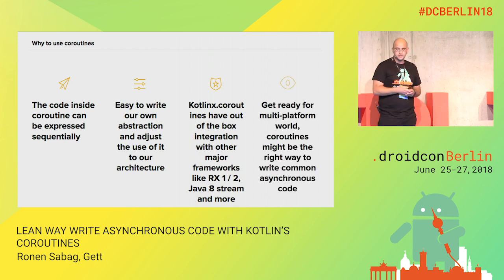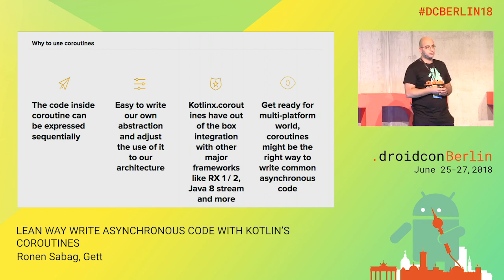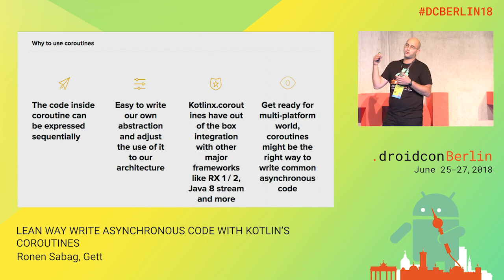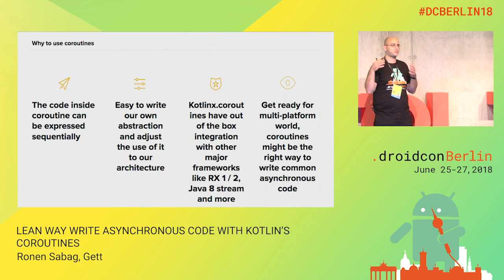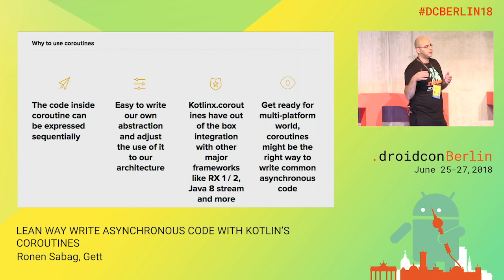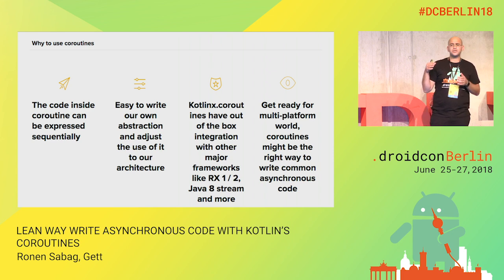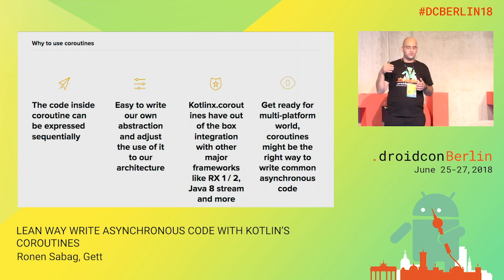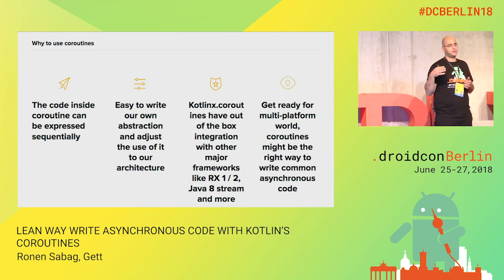And we have some talks about multiplatform, and JetBrains is indeed working on porting the coroutines to other platforms. There is right now, I think, already an implementation for JavaScript, and they're working also on native. So in a world of multiplatform, it could be a very nice way to do async code in the common libraries that we're going to have.